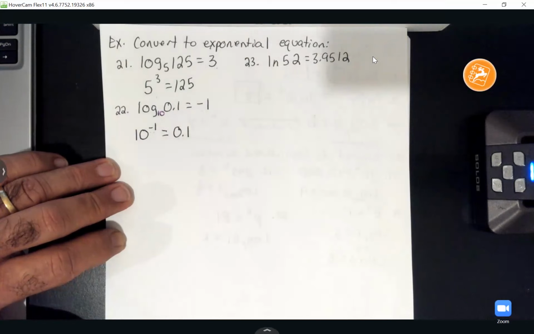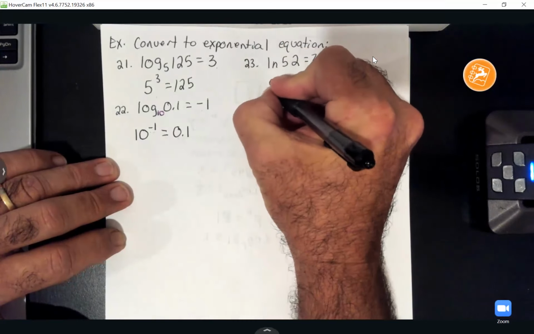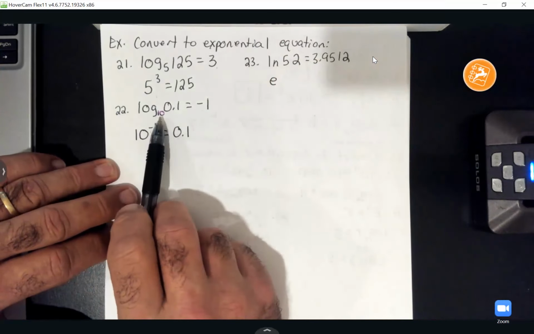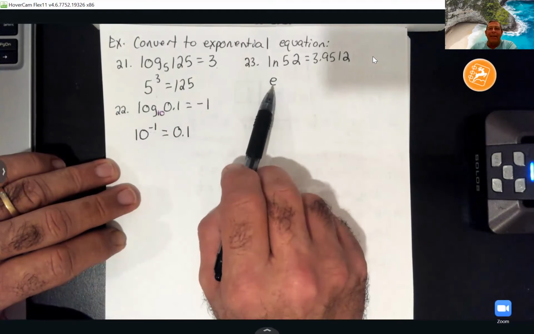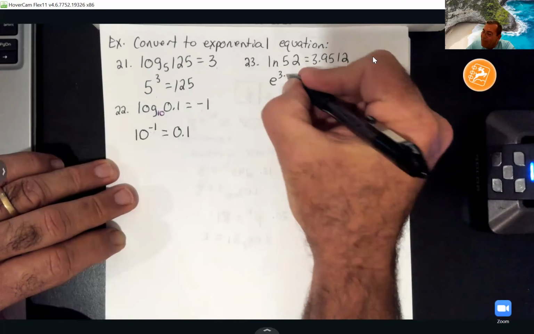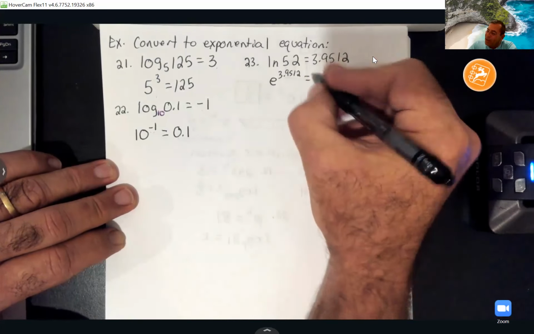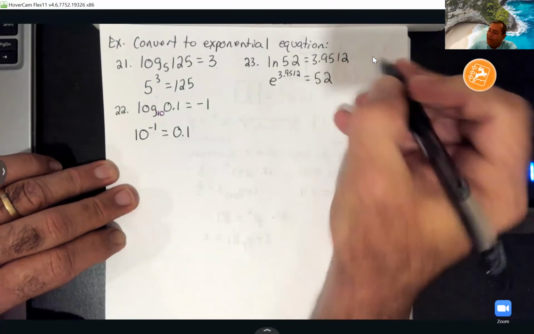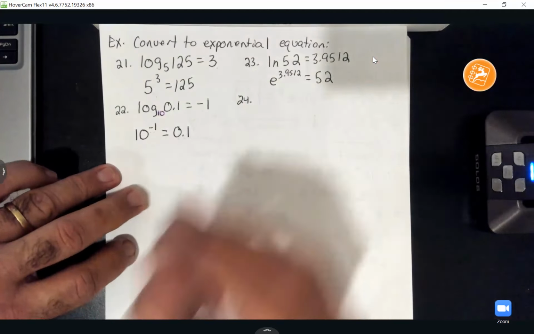E, there you go. A log is a 10, ln is the e. My exponent is 3.9512, and that's got to equal that result of 52. Y'all get the hang of these.